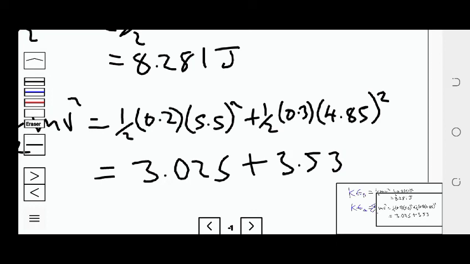So if we add the two, we're getting 6.55.